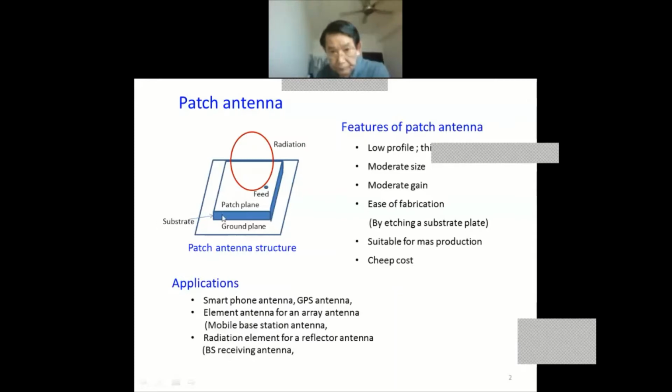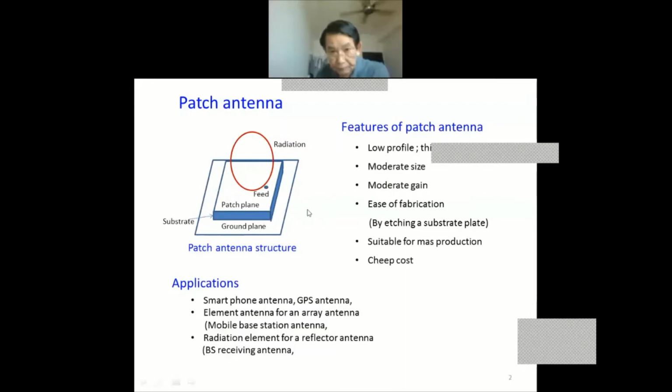We can fabricate from a large substrate plate. The substrate plate has two metallic plates, a ground plane and, on the opposite side, one plate.